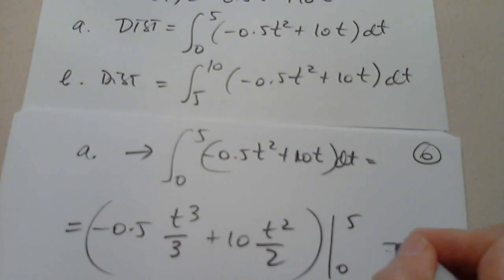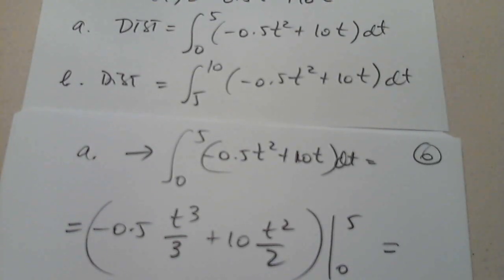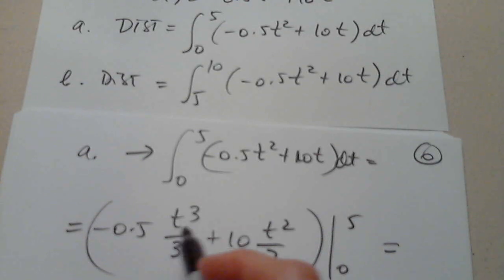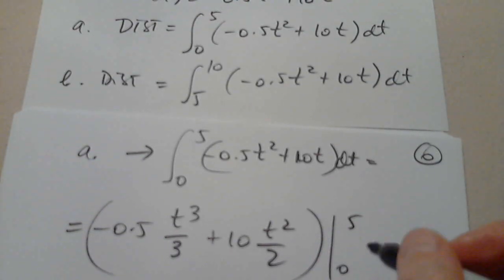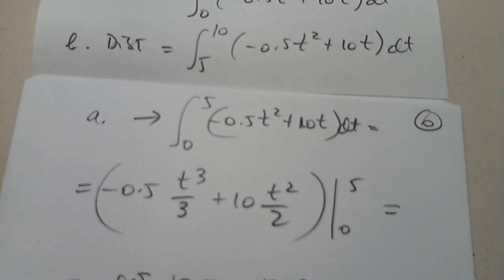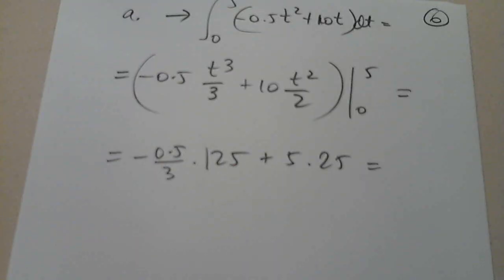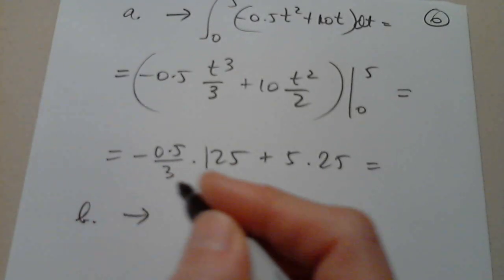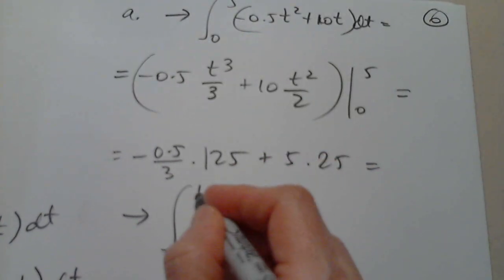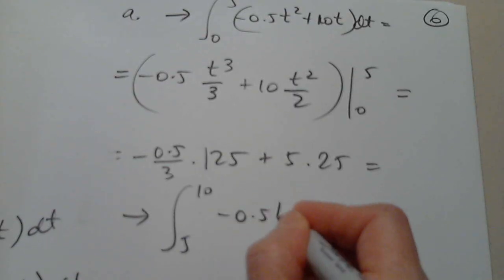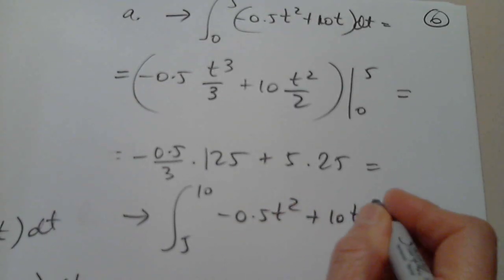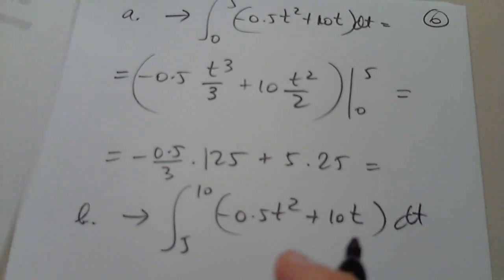So negative 0.5 over 3 times 5 to the third, 125, plus 5 times 5 squared, and I have to calculate that. And the other one, for part B, I have the integral from 5 to 10 of negative 0.5 t squared plus 10t dt.